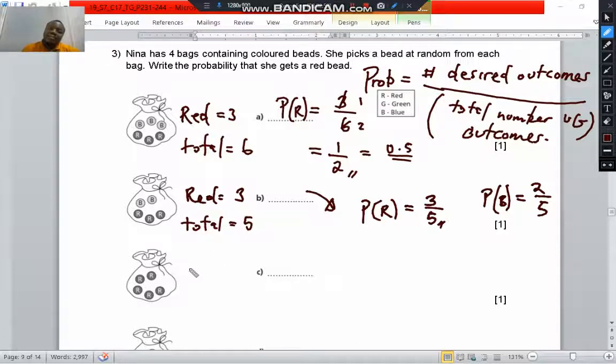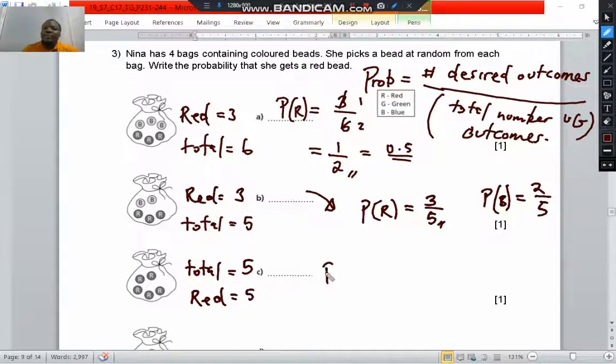Then let's look at the probability of picking a red bead from the third bag. If we look at this nicely, the total number of everything in the bag is 1, 2, 3, 4, 5, which is 5. We need to count the total number of red beads in that bag. Let's count them: 1, 2, 3, 4, 5. We've got 5.